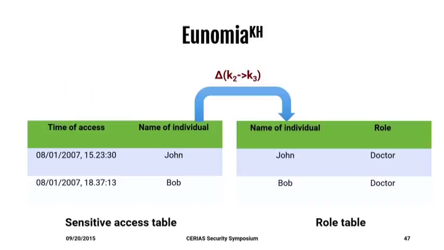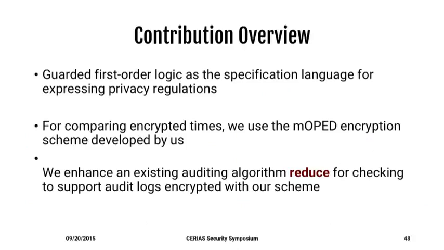What you do is send a transfer key. It's called a transfer key. You can change the key of the keyed hash. So, a high-level example: if you take a keyed hash with K1 of Bob, with a proper transfer key, you can change it to Bob's hash under the K2 key. That's the thing. So the contribution overview is, we use guarded first order logic to express the policies.